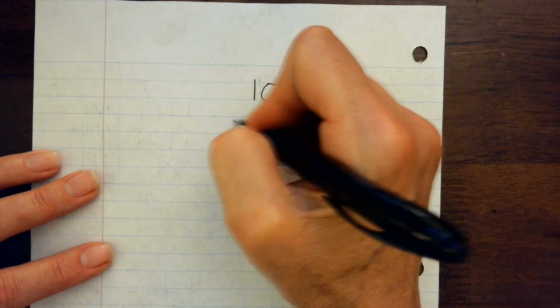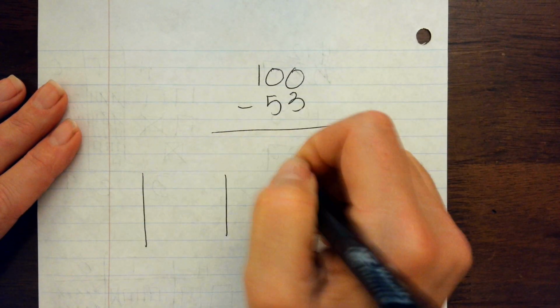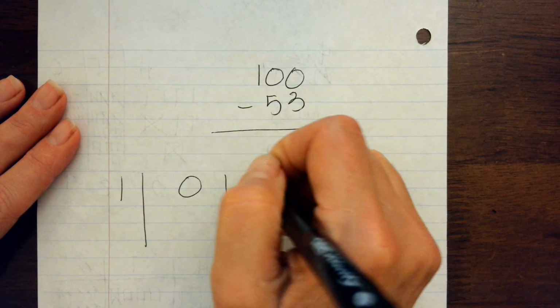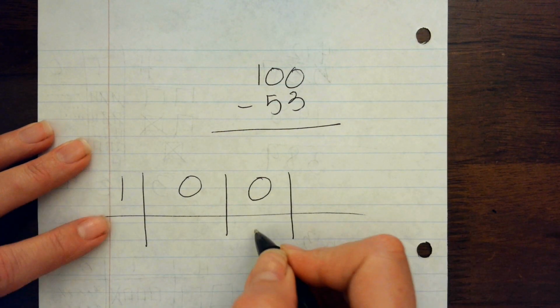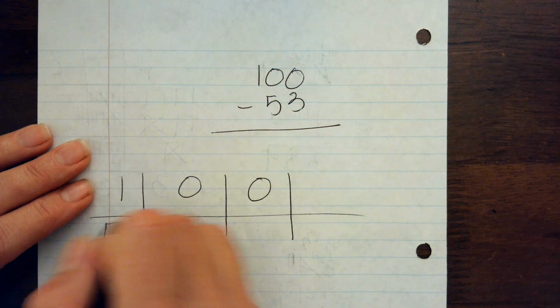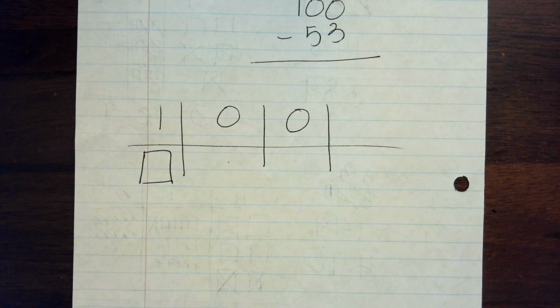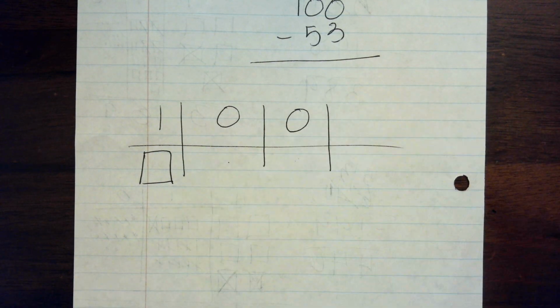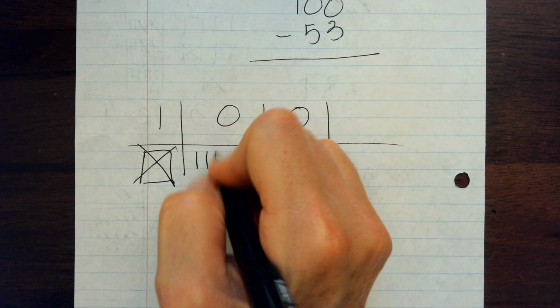So let's just do a quick example of that. So if you have 100 and you minus 53, we would have 100 right here, right? So we would have nothing here, and we would have a big thing here for a 100. So we already can tell that this isn't going to work out, right? Because I can't take anything from here and I can't take anything from here. So I have to break this down into 10.